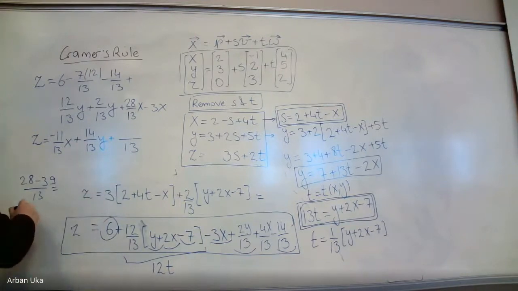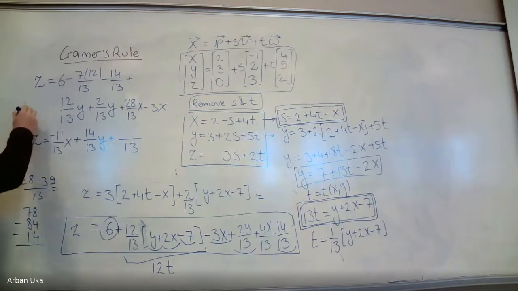13 times 6 is equal to 78 minus 84 minus 14. So if this is the case, this is 98 minus 78.